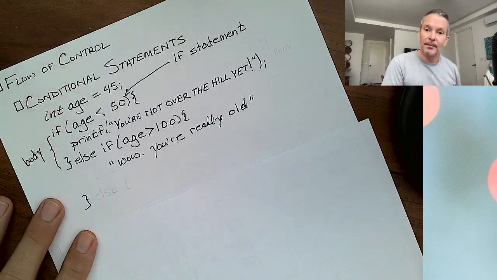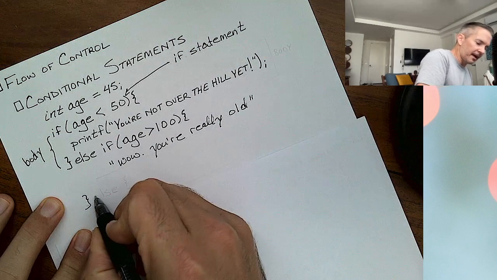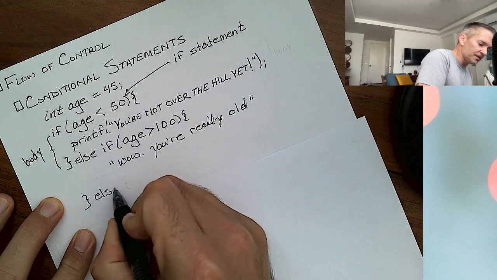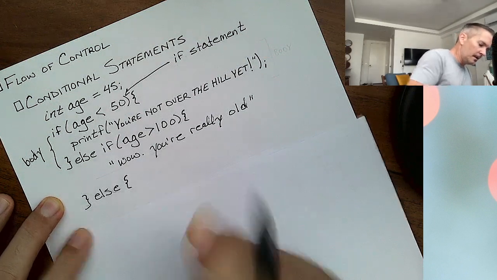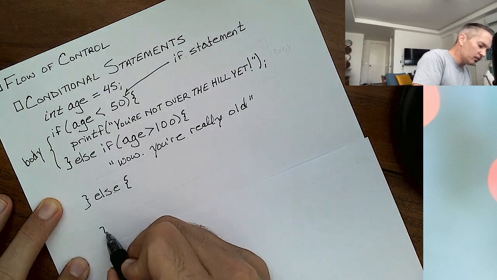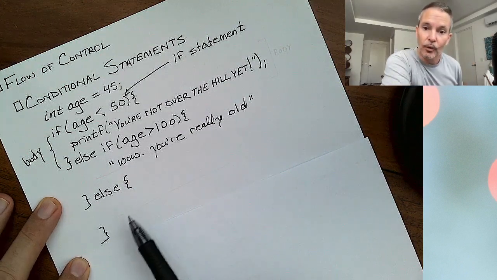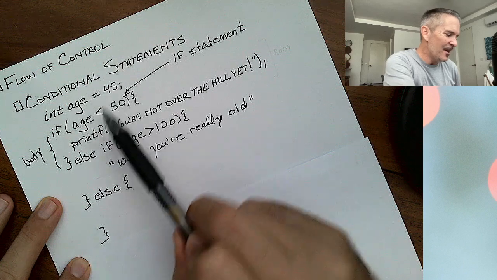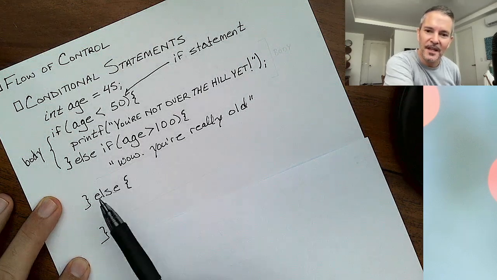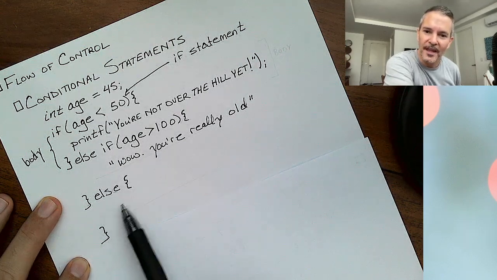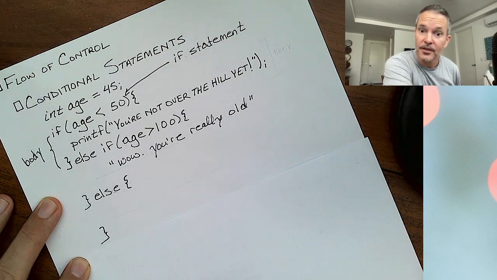Okay, we can keep going. Watch this. We have another thing we can add to the statement. We could say else, and then we could have a final body where we would basically be saying, if none of the previous things were true, then execute this.